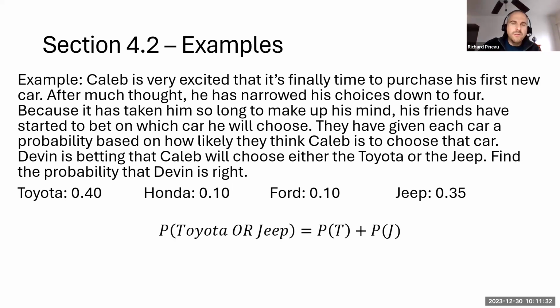Now the question is, can he select a Toyota and a Jeep? In other words, a single car that is both. We're not saying he's going to purchase 2 vehicles. No. It's either the Toyota or the Jeep. So that intersection, can we purchase a vehicle that is simultaneously both a Toyota and Jeep? The answer is no. So that's why these are mutually exclusive, and we simply add the 2 probabilities.